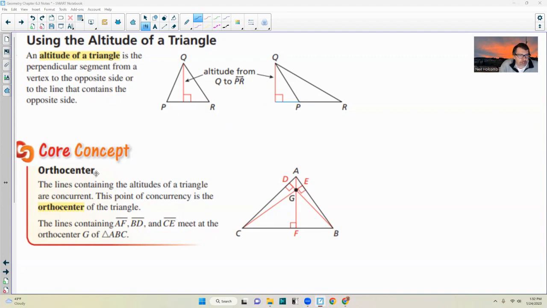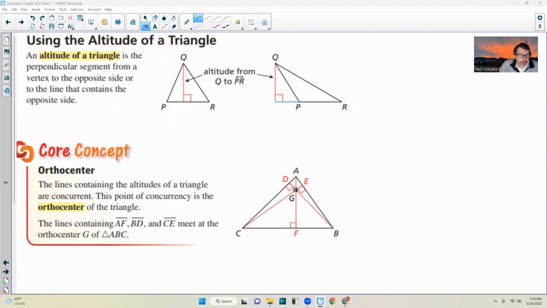All right, so the core concept for orthocenter. The lines containing the altitudes of a triangle are concurrent. In other words, if I drew an altitude from A, an altitude from B, and an altitude from C, all three are perpendicular, and they will meet at the same point, meaning the orthocenter of the triangle.